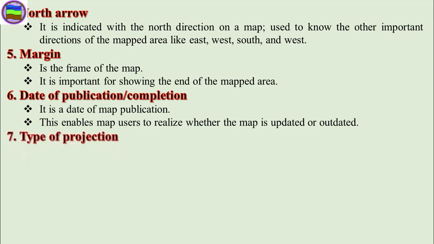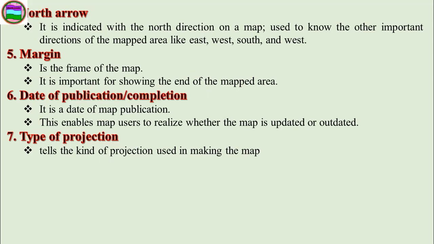The other one is the type of projection. What type of map projection is used here? The map projection tells the kind of projection used in making the map. Map projection is a mathematical transfer of information from a 3-dimensional surface onto a 2-dimensional surface. We have different types of map projections, and each has its own limitations.